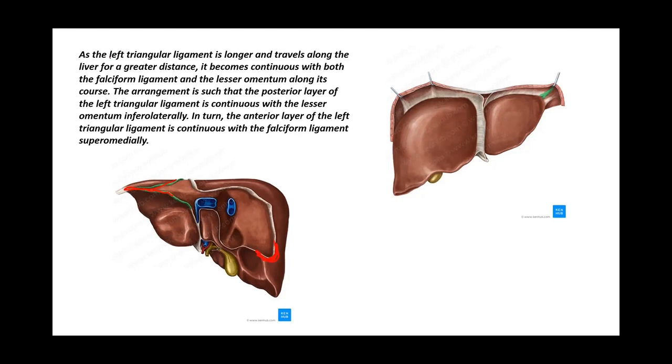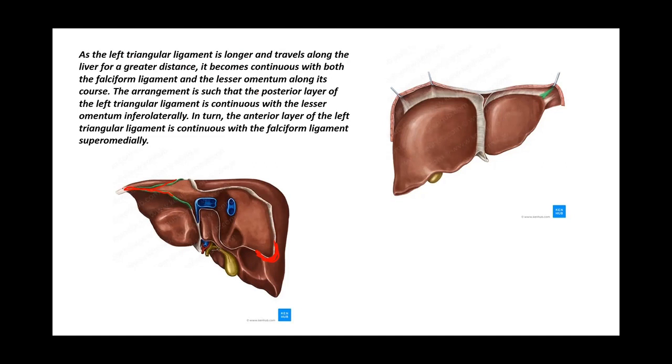Now, as the left triangular ligament is longer and travels along the liver for a greater distance, it becomes continuous with both the falciform ligament and the lesser omentum along its course.